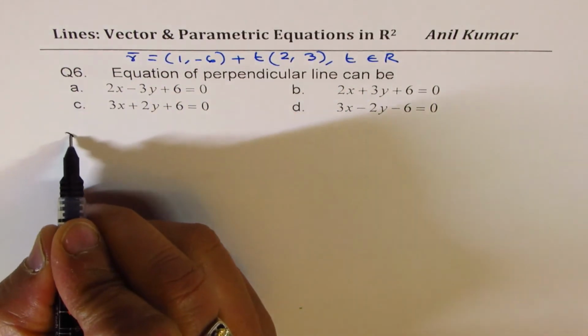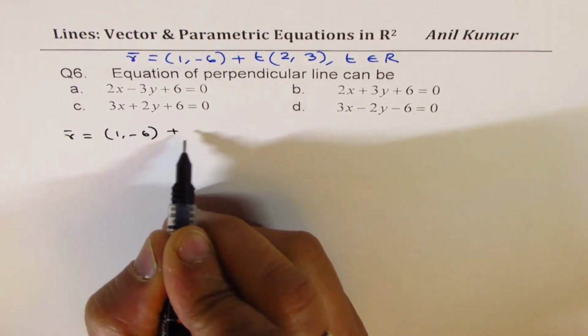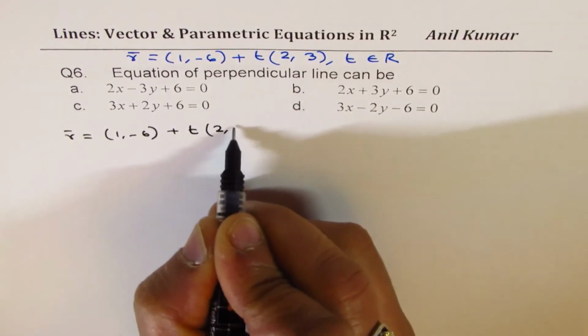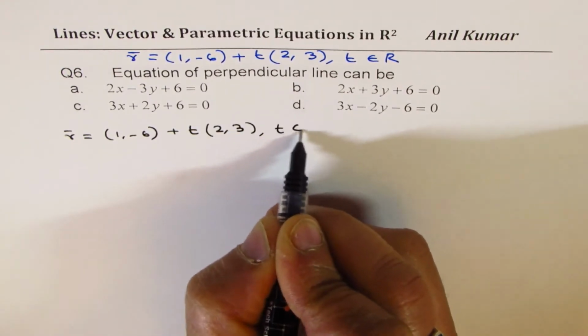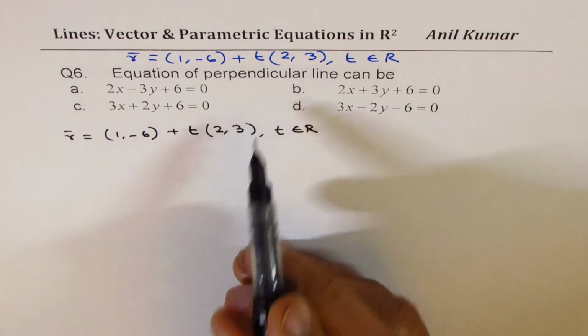Question number 6. Equation of perpendicular line can be one of these. We are given r, our equation, as 1, minus 6 plus t times 2, 3, where t belongs to real numbers. Now, how do we find a perpendicular line? There are many methods which you could adopt.